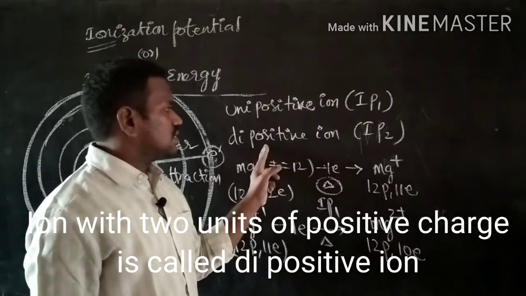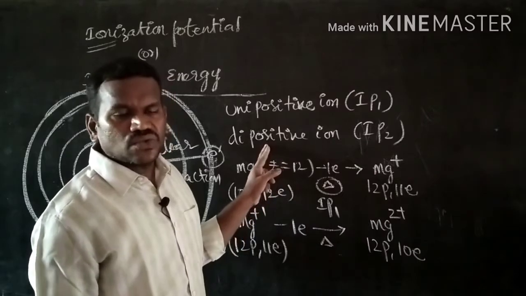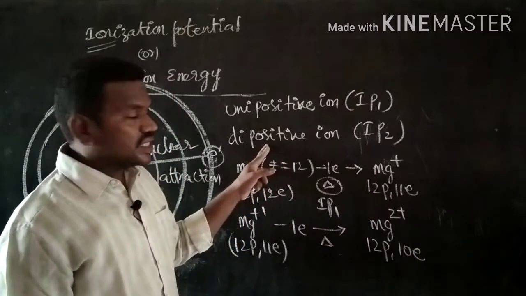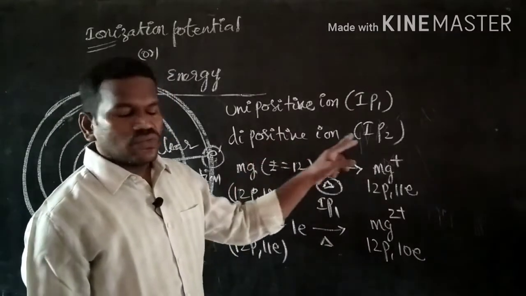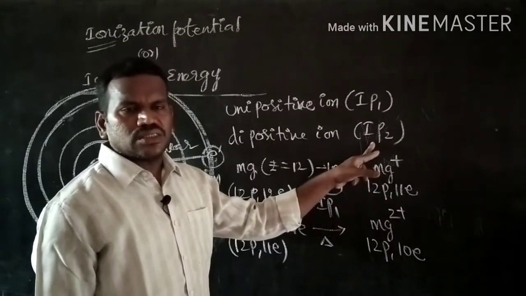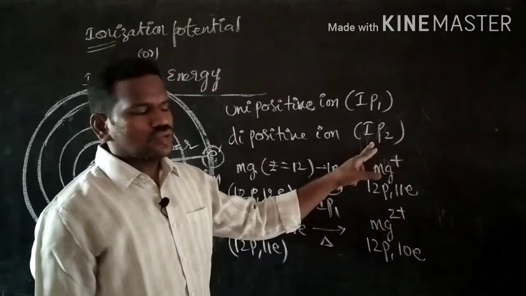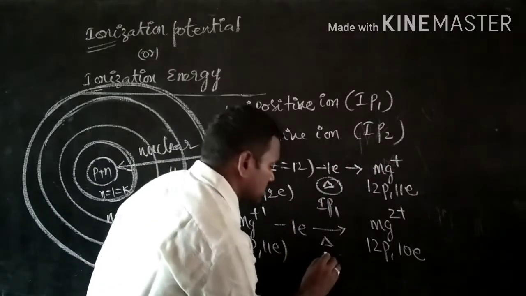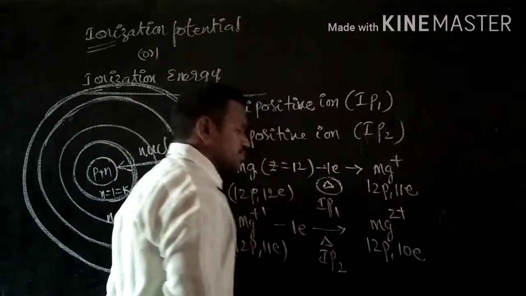For that reason it is called a di-positive ion. To form this di-positive ion, we should supply some amount of energy, that is called ionization potential 2, simply IP2.